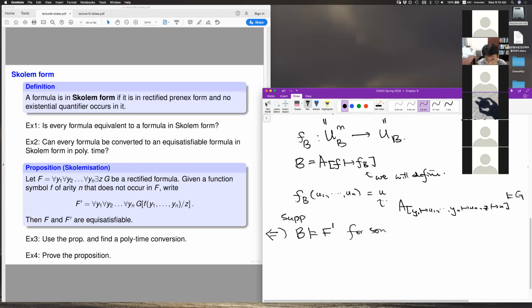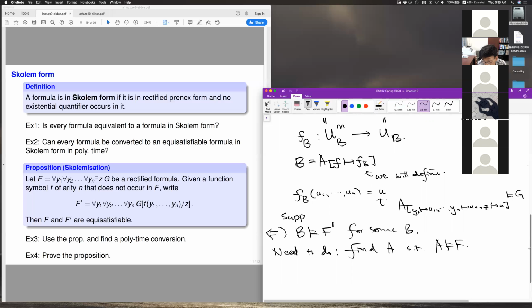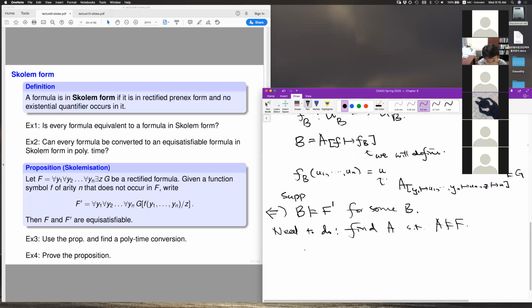Then what we need to do is to find some structure A such that A satisfies F. For this structure, all we need to do is to say A is essentially the same as B, where we forget what B says about this function symbol f.